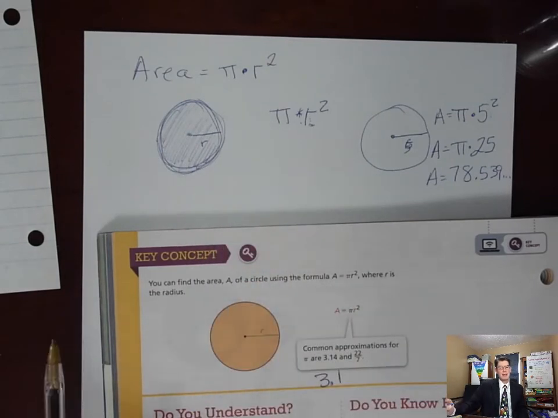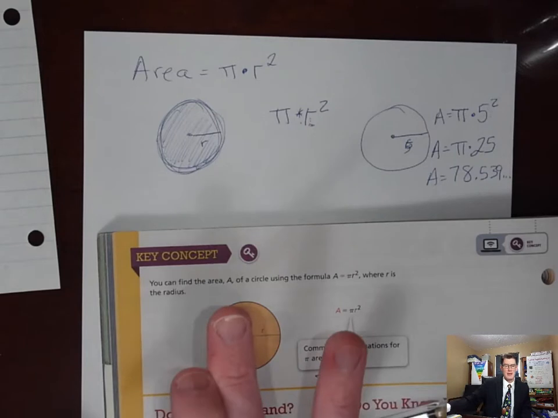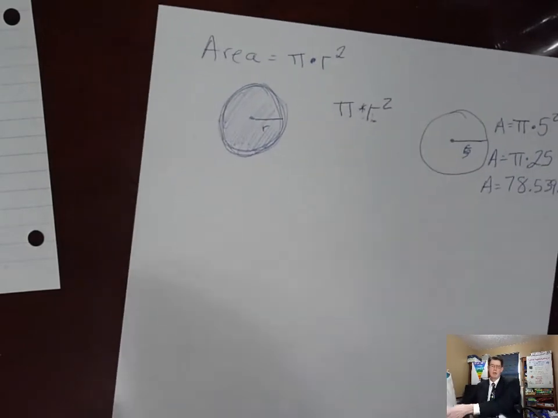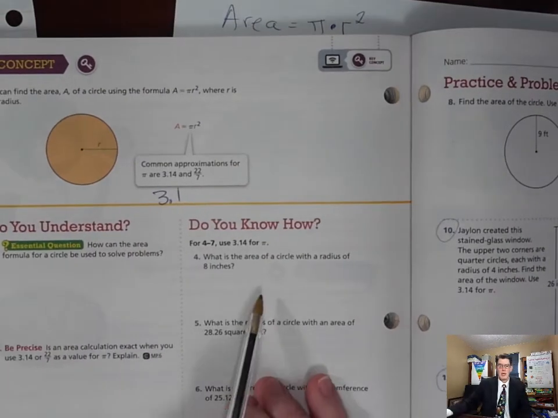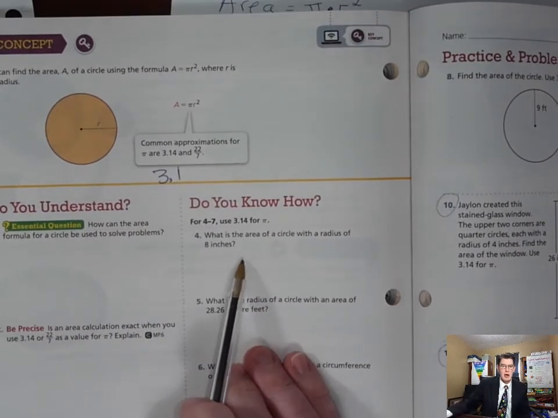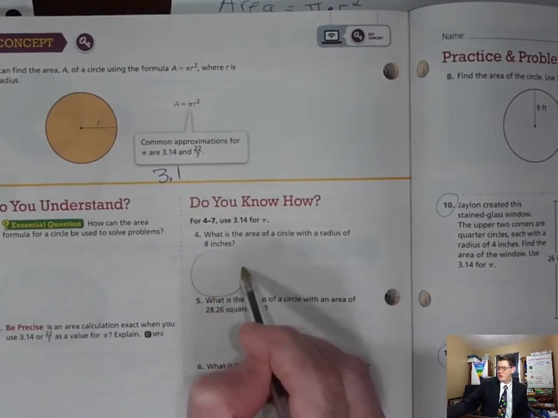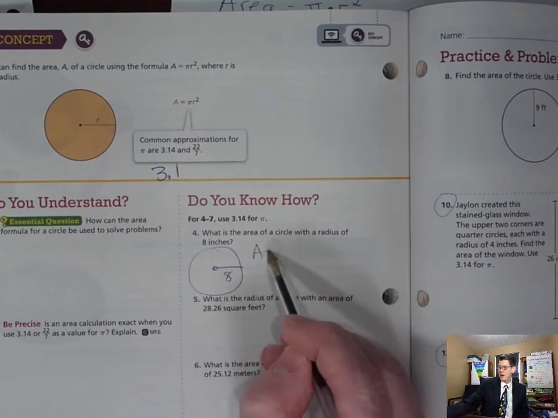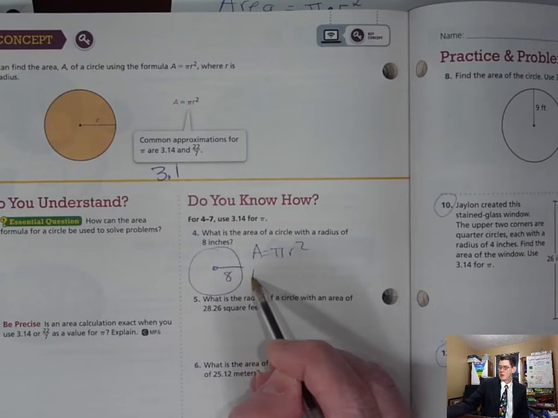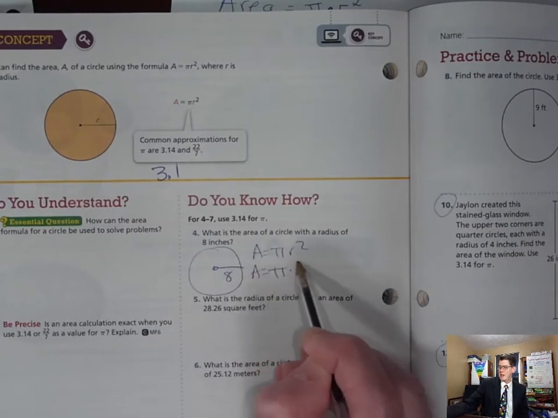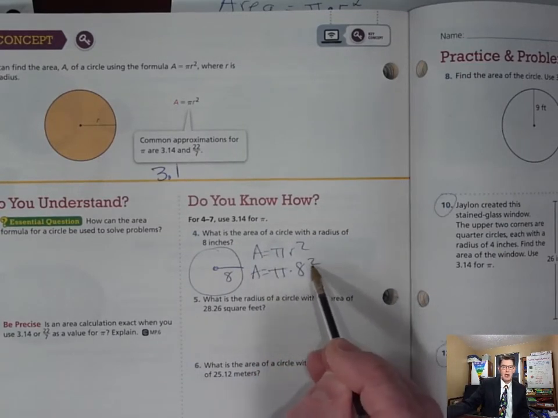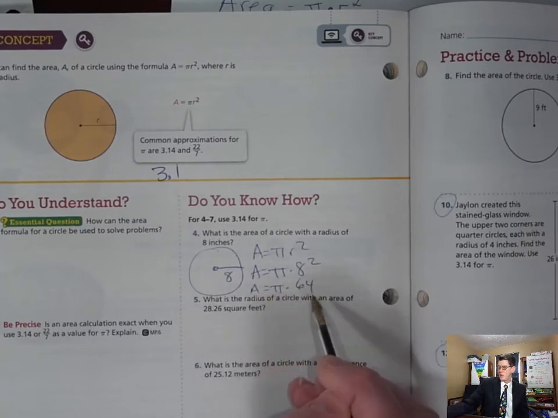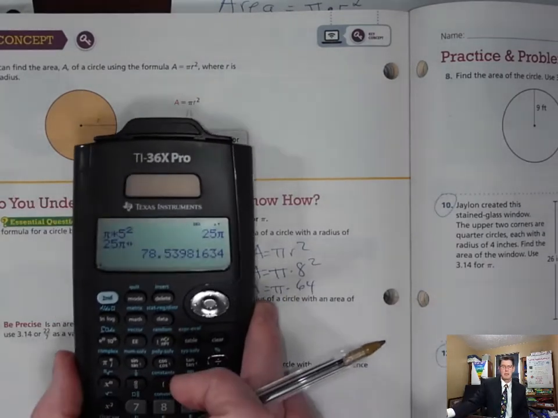Now, the issue is, in the book work, they make it pretty difficult. On this one, what's the area of a circle with radius 8 inches? Draw a picture, 8 inches. The area is pi r squared, so the area is pi times 8 squared. You guys know that 8 squared is 64, so the area is pi times 64.